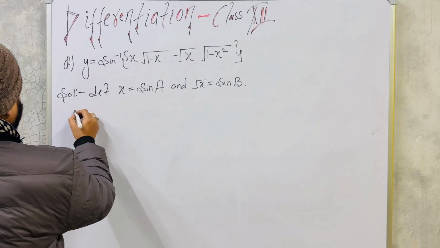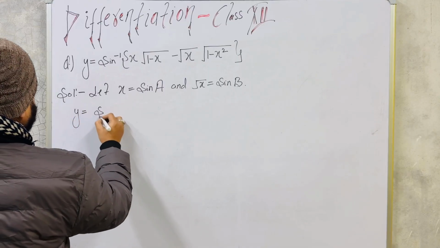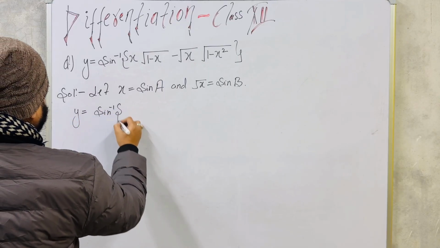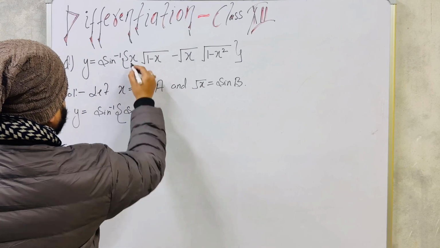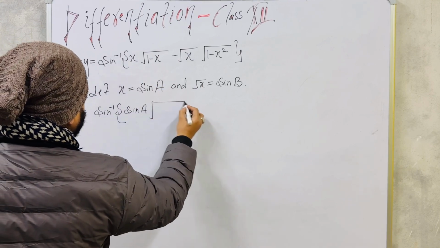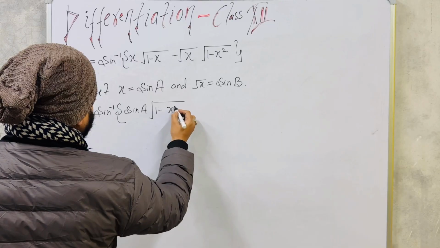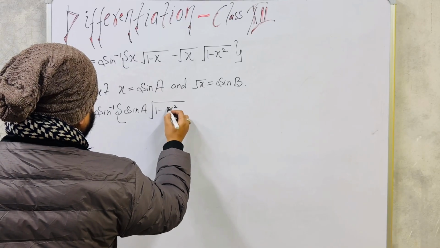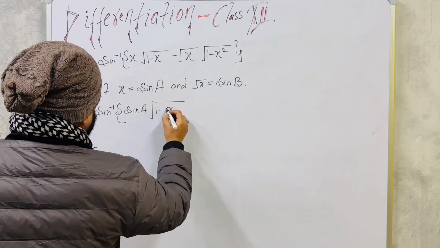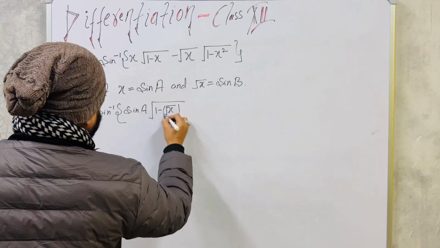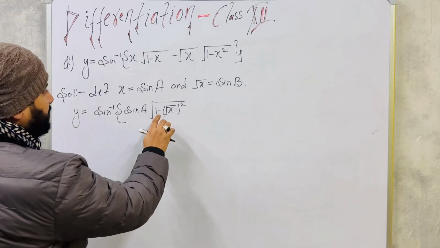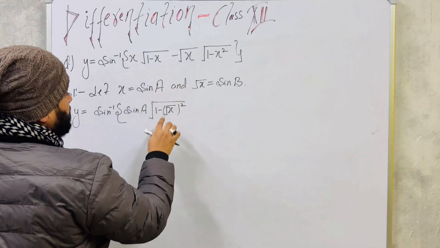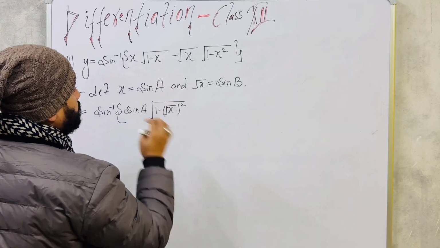Now y is equal to sine inverse, this is sine a, and under root 1 minus x square. We have to write this 1 minus x square in terms of 1 minus (under root x) whole square.